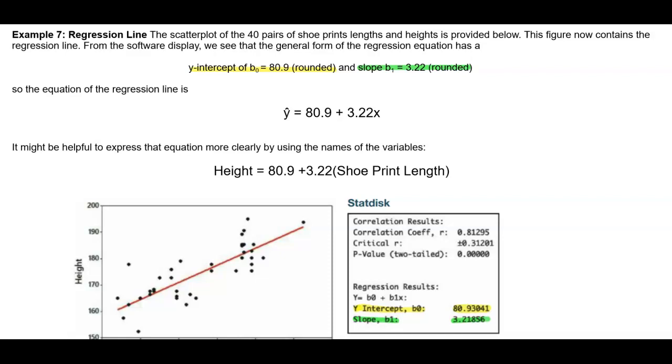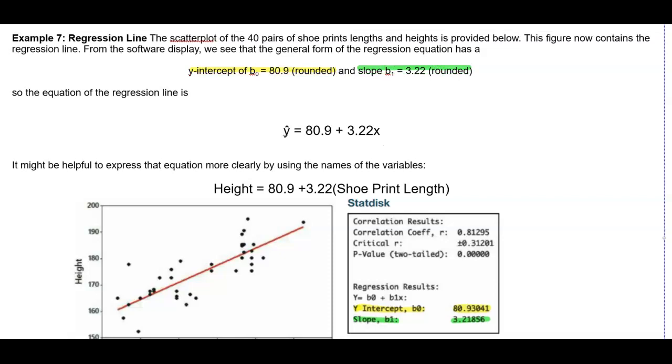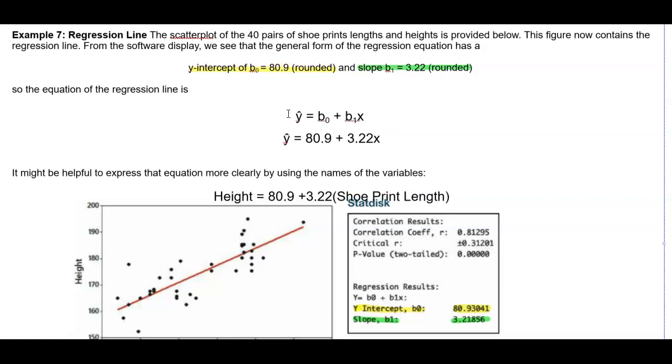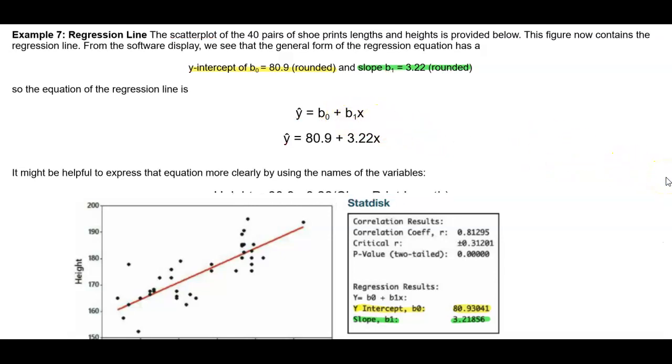So how would we write this equation? Remember that from our previous definitions, y hat is equal to the y-intercept plus the slope times x.